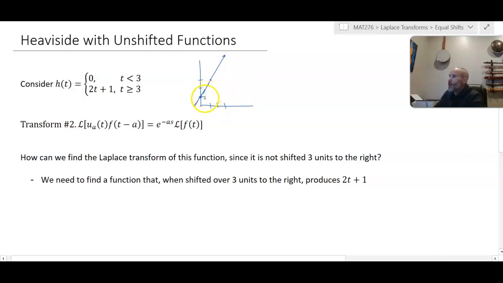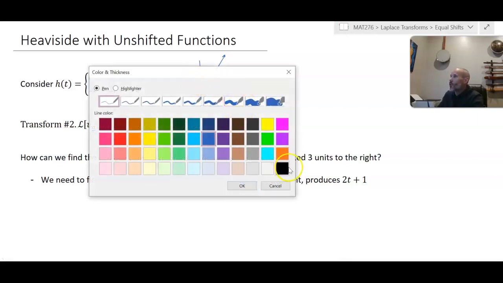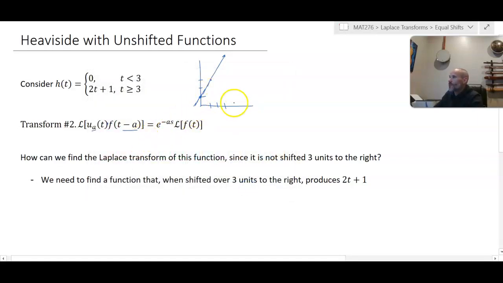Now, with our Laplace transform number 2, this says that a Heaviside that turns on at time a multiplied by a function of t that is shifted a units to the right would be this output right here. Normally, in order to use this formula, we would take this function and shift it to the right, and it would start over here.